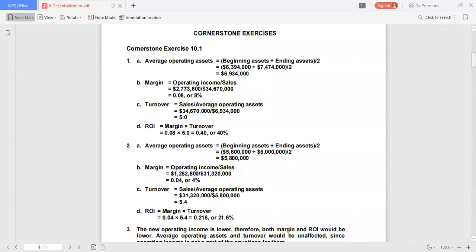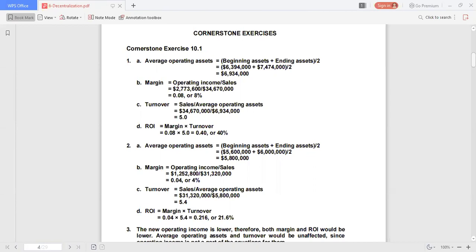Now, second, we have to compute the same items, and requirement number 2 is for the cleaning products division. Again, we have the beginning and the ending operating assets divided by 2. We have now the average operating assets.